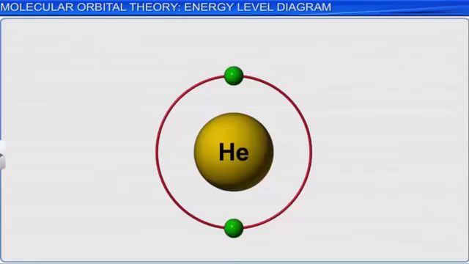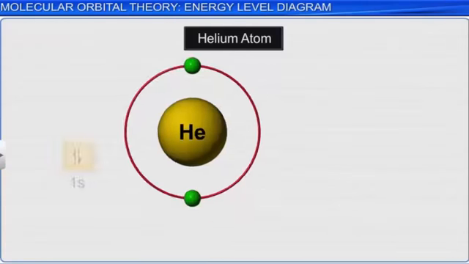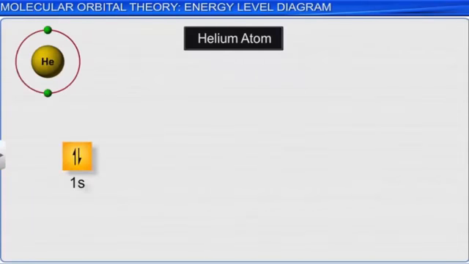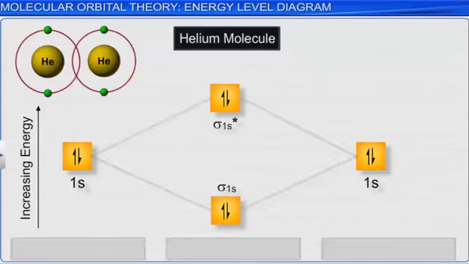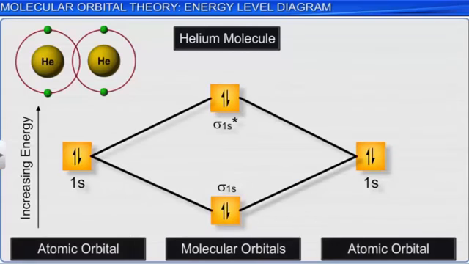You see, helium atom has two electrons in its 1s orbital. When two helium atoms come together to form a molecule, the four electrons would be distributed across both sigma bonding and sigma star anti-bonding molecular orbitals. The energy of the sigma bonding molecular orbital will be low.